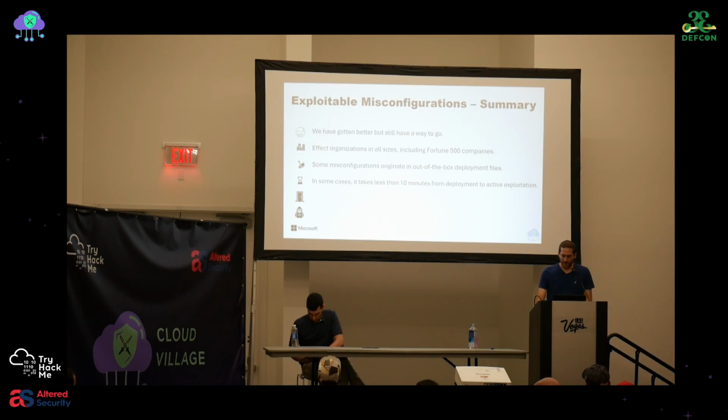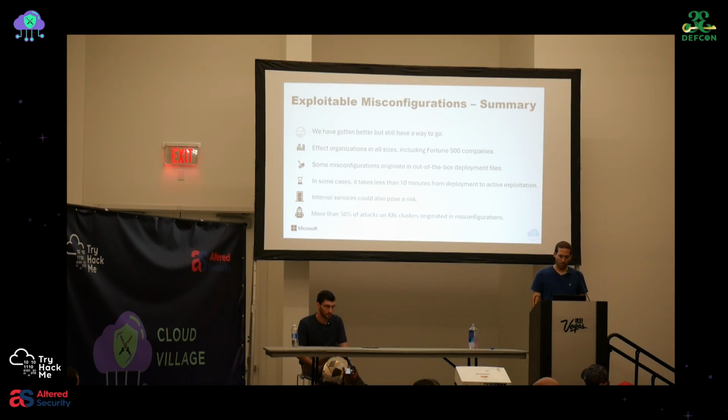We've seen cases in which misconfigurations were exploited in less than 10 minutes from the deployment, which is very, very quick. So it really makes this issue so dangerous. As Michael showed, internal access could also be dangerous. It's not only about initial access. Sometimes it's about privilege escalation in the cluster.